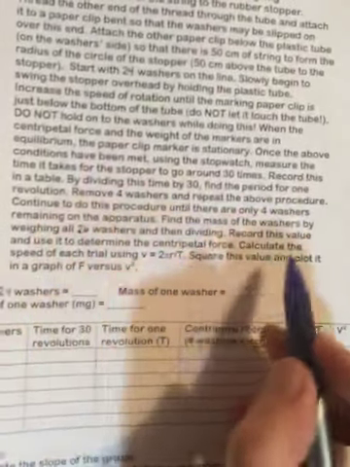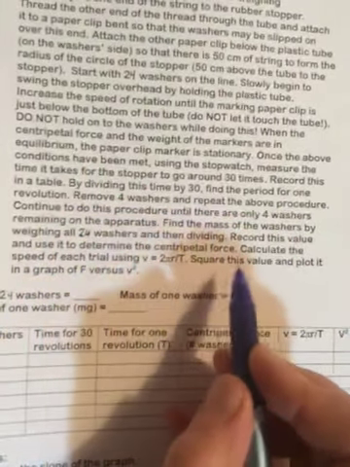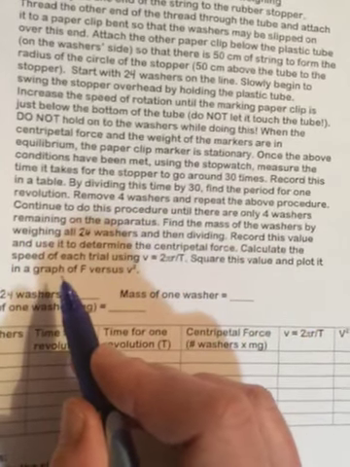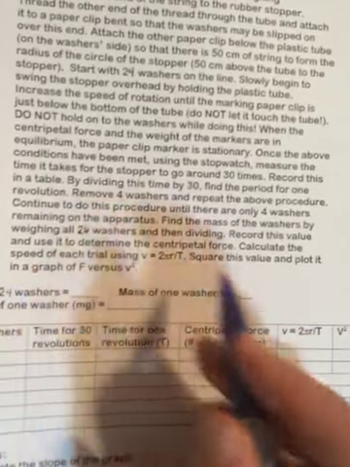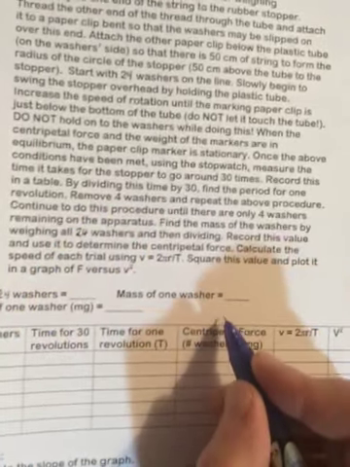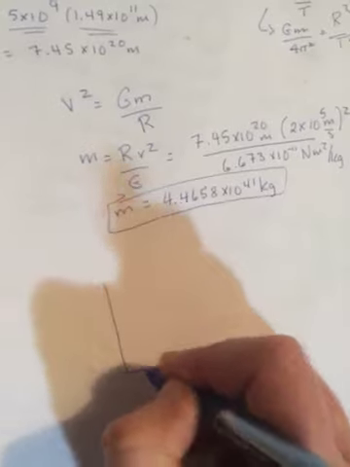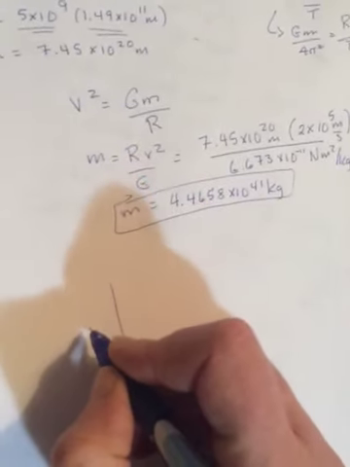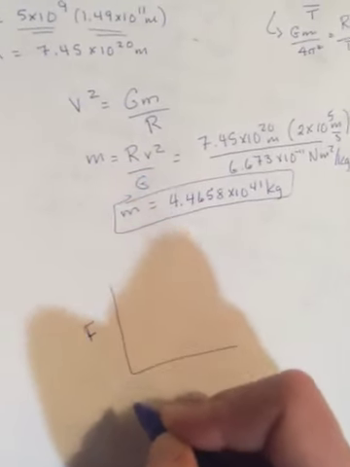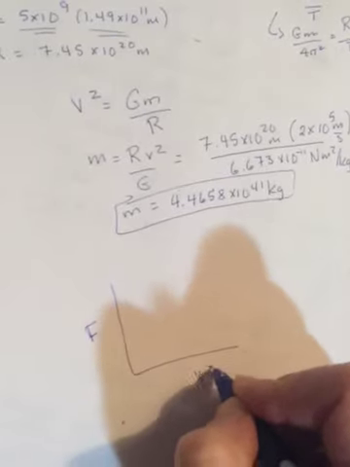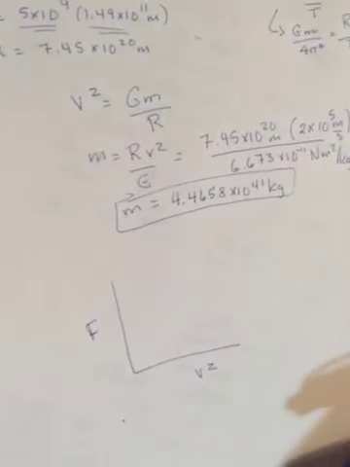So it says calculate the speed for each trial, square this value, and plot it in a graph of F versus v squared. So you're going to do this guy versus this guy. Okay, so F versus v squared. And whenever they say one versus another, the first always goes on the y-axis and the second on the x-axis.